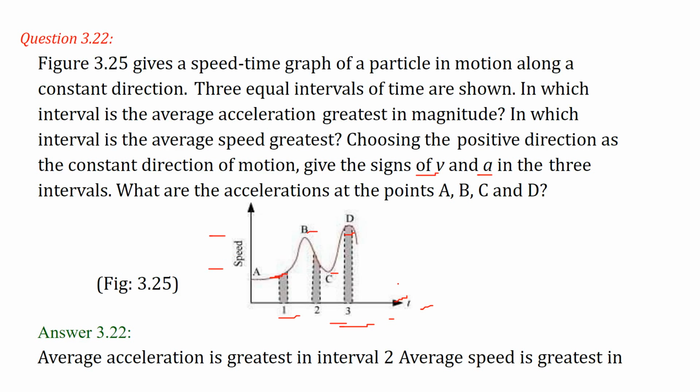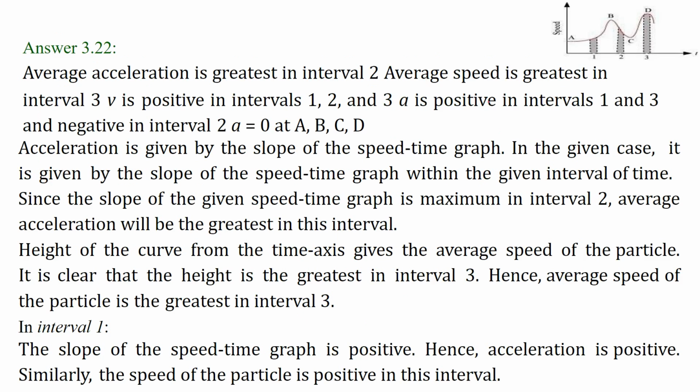First of all, this is a speed-time graph. So what is the acceleration? It is given by dv by dt. Average acceleration is greatest in interval 2.